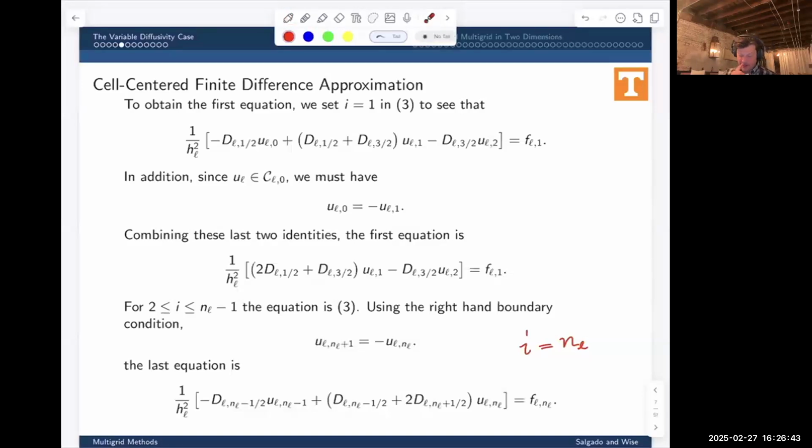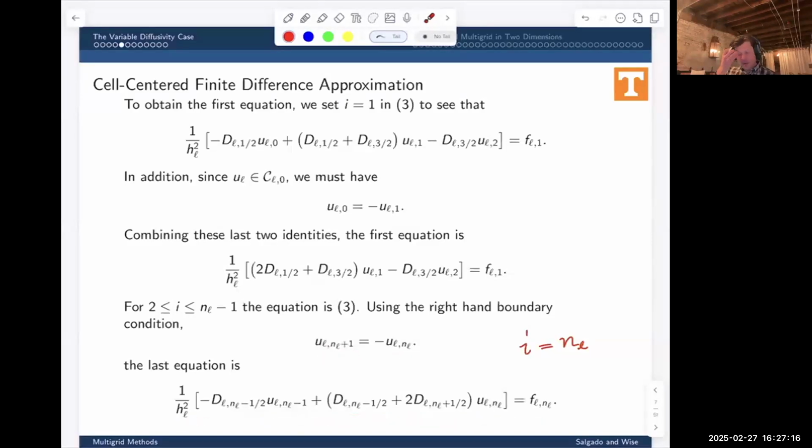So you'll see that what I get is, in the end, something analogous to what I got whenever I was equal to 1. I'm going to get a middle term multiplying U_L,N_L, and a term also that multiplies U_L,N_L+1, but I can eliminate that using the boundary condition. That changes the value of the coefficient multiplying that, because I'm going to eliminate this in favor of that. So that means that this is my last equation.